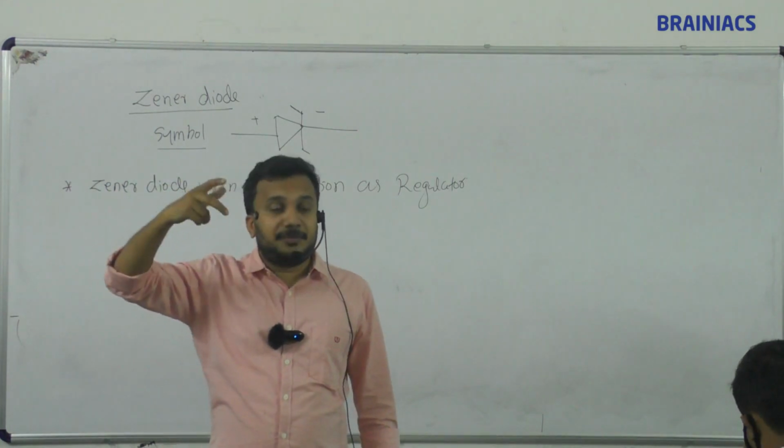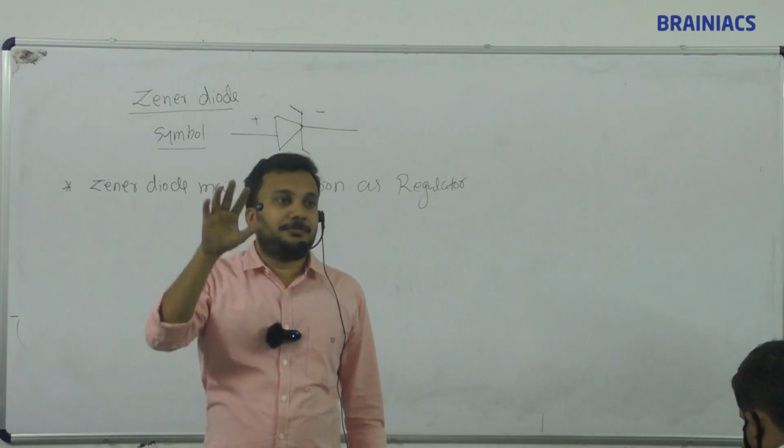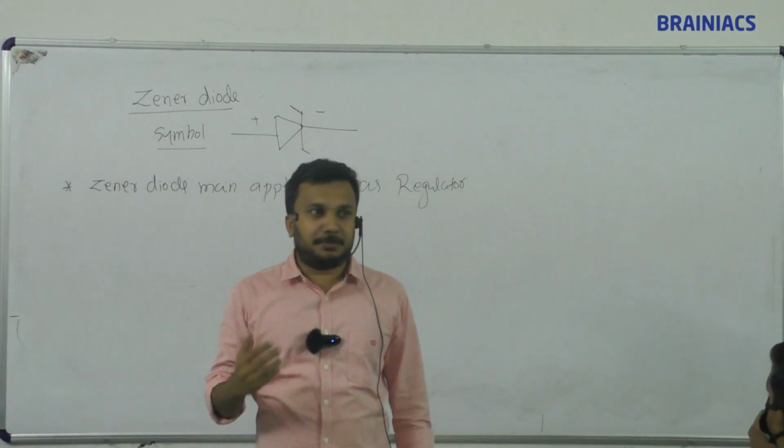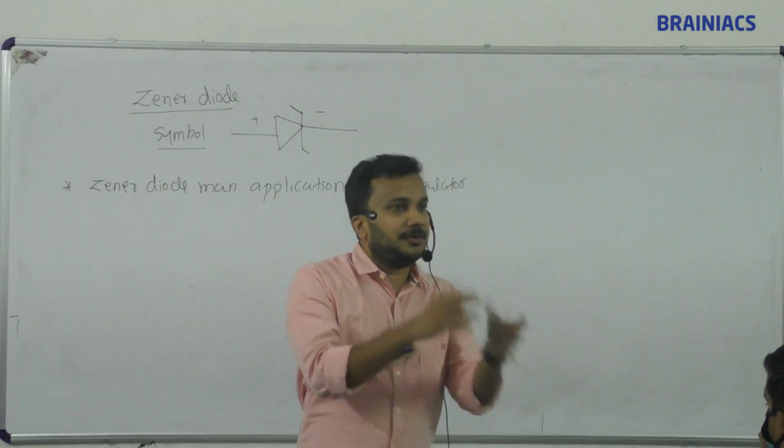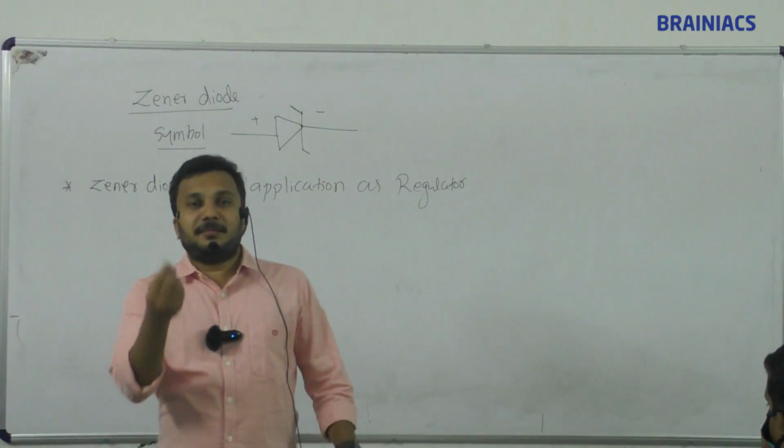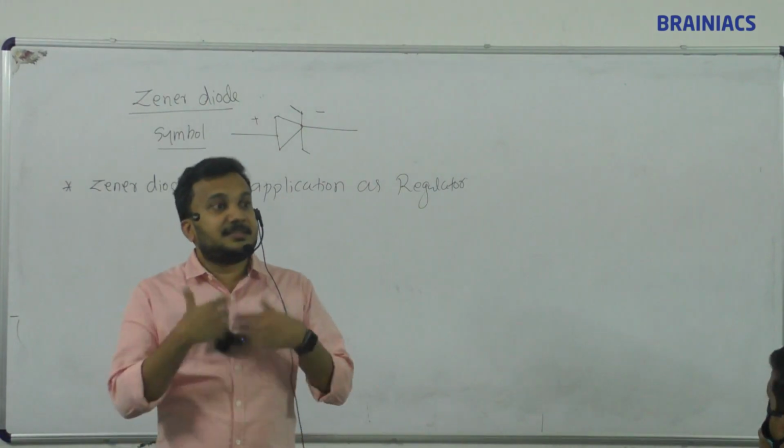The charger will reduce it to 5 volt. This will step down and make it 5 volt and give it to the mobile phone. And if you give 1 volt, what will happen? It will step up.